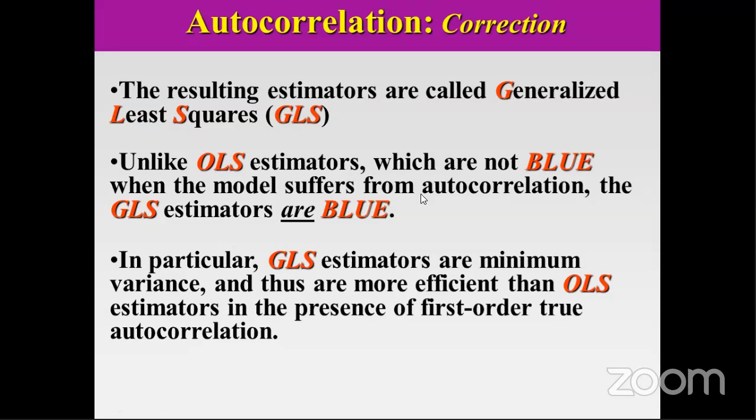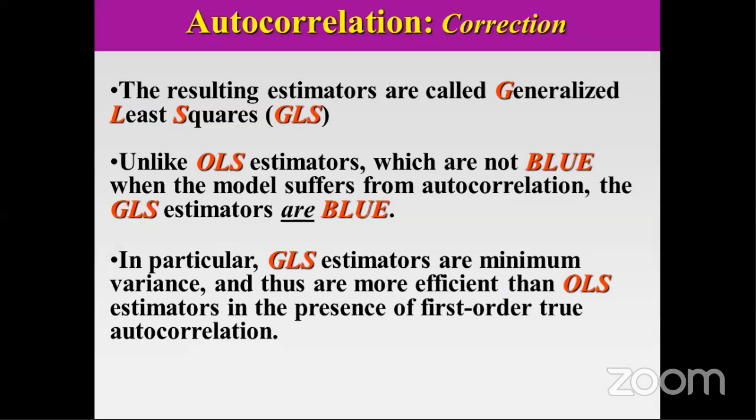In particular, GLS estimators have minimum variance and thus are more efficient than OLS estimators in the presence of first order autocorrelation. So if there is autocorrelation in our regression model, we have to use the GLS method, which produces the best linear unbiased estimators.